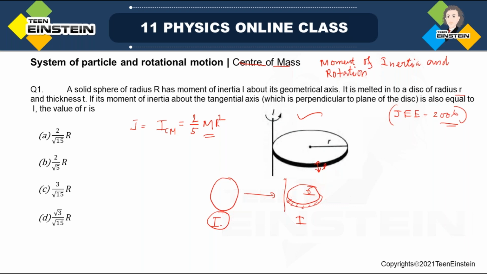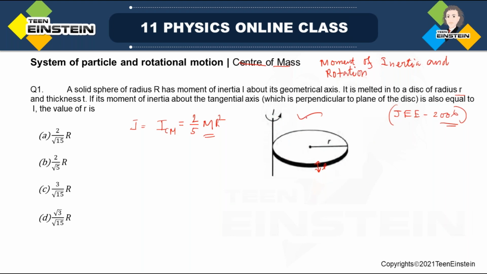For solid and for disk, both are the same when it is along the axis through the center of mass, which I have already written for the solid sphere. Now we have to write the moment of inertia for this particular disk, about this axis, which is tangent to this disk and perpendicular to the plane of the disk.